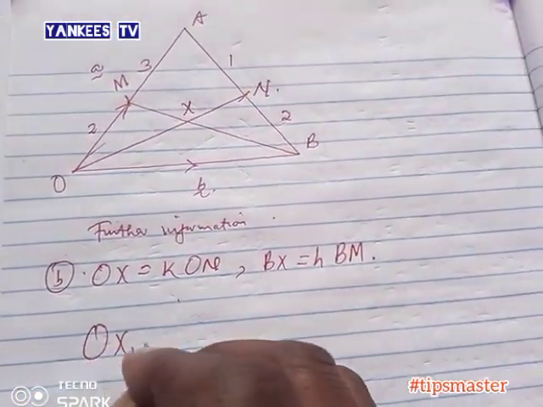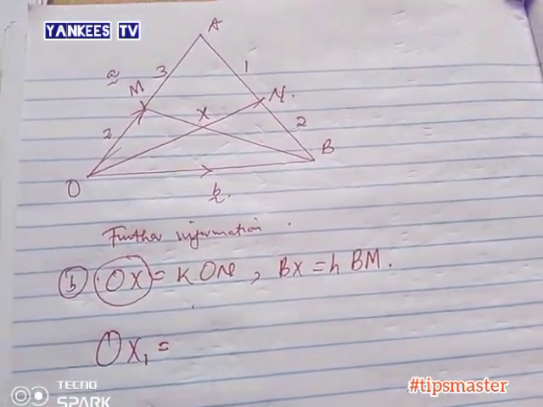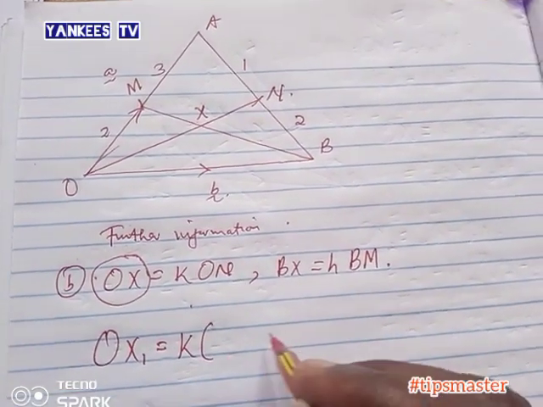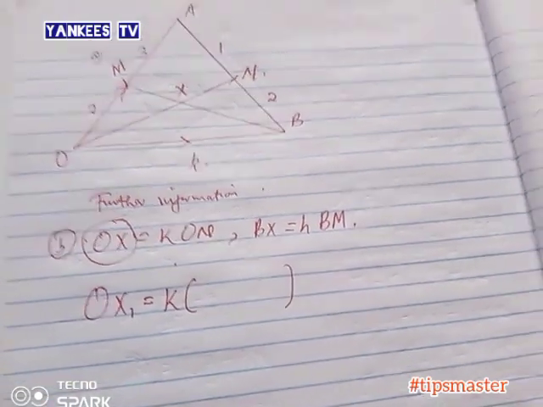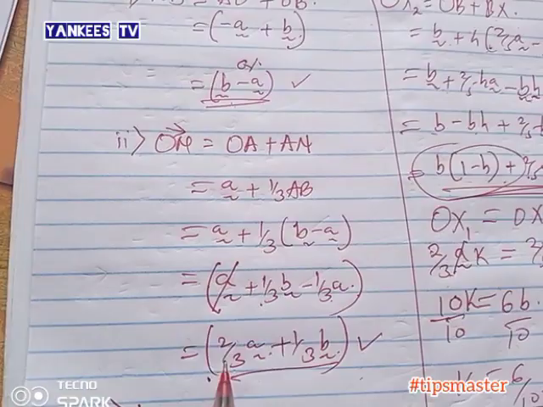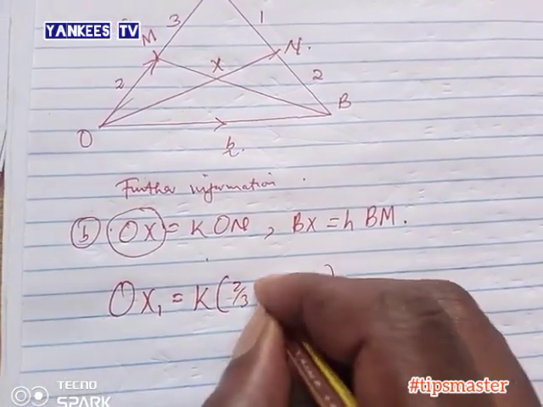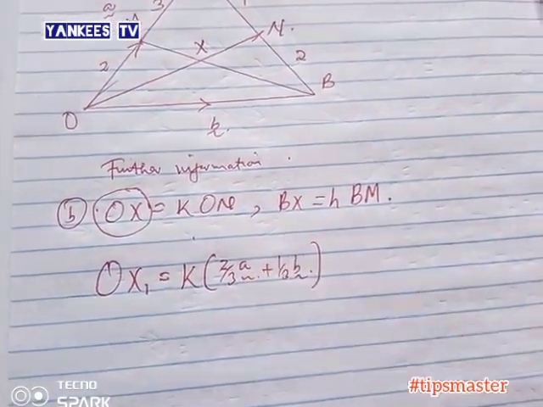For OX, we are going to use route 1 under the further information, which is just K into ON. And ON we had done. What was our ON? ON was 2 over 3 A plus a third B vector.